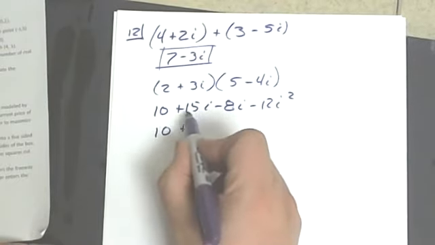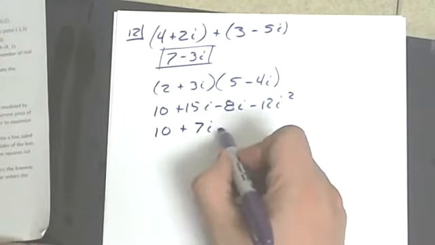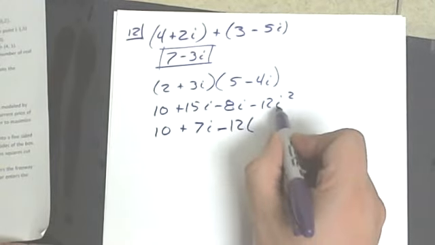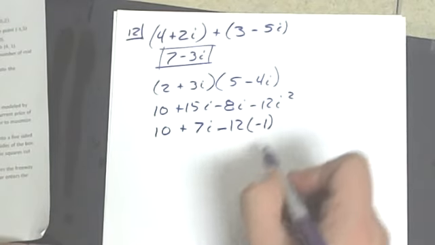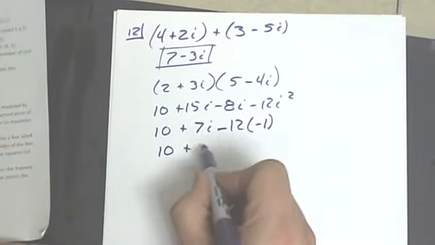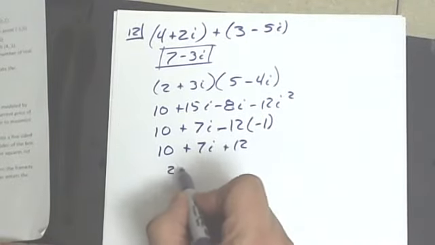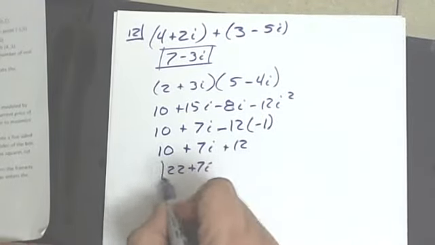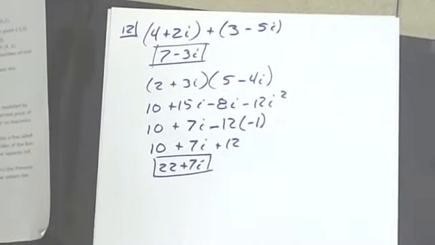So the 10 plus, what, 15 minus 8 is 7i, minus 12 times, the key is that i squared, that's the square of the square root of negative 1, that i squared becomes negative 1. So 10 plus 7i plus 12, or 22 plus 7i. So the fact that that simplifies back down to something that is complex, that doesn't have an i squared in it, is really important. That gives us the closure of the operation of multiplication.